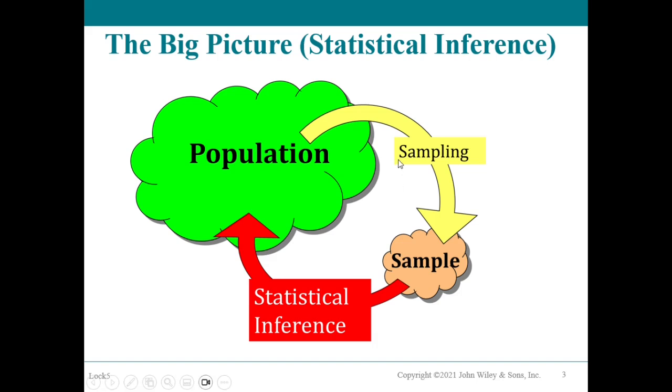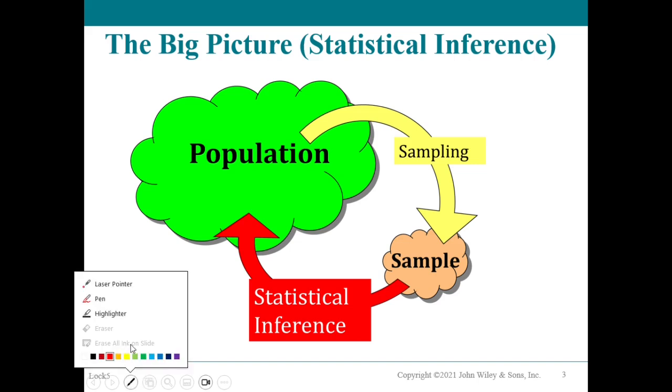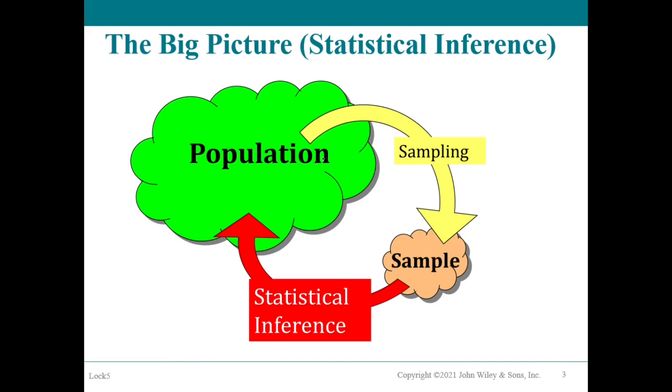I hope you remember this bigger picture about statistical inference, which is, if you have a population right here, this is the population. So we take a sample from the population, do our analysis, and then make a general conclusion about this population.